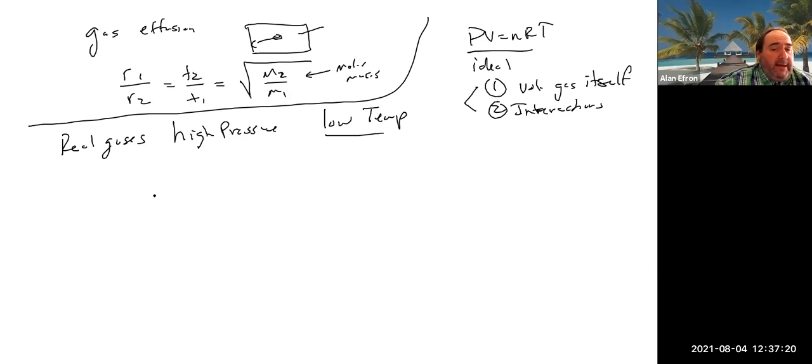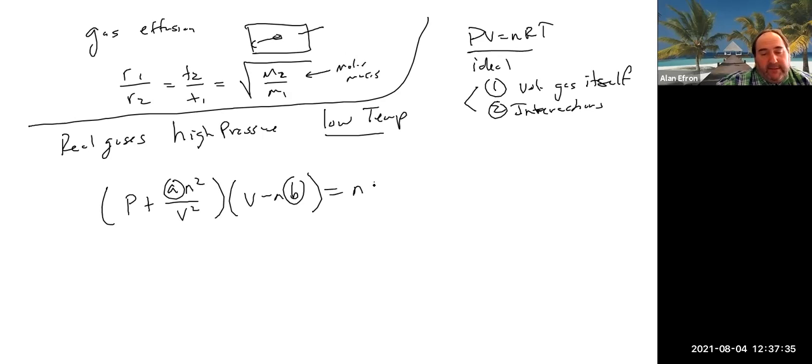So if you remember, a guy by the name of van der Waals did some corrections to the ideal gas law, where you look up van der Waals constants, with A as a van der Waals constant and B as a van der Waals constant. And we get this kind of scary looking equation here for a real gas or a non-ideal gas. This corrects the pressure difference. This corrects the volume difference.